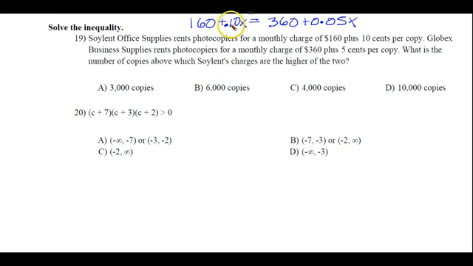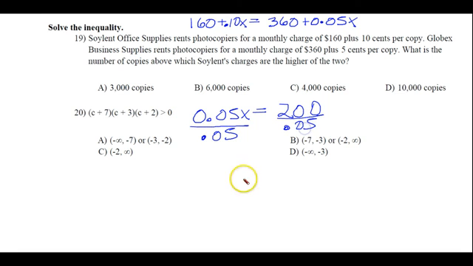Okay, so let's solve this by subtracting this from both sides. So we get over here. And we're going to subtract this from both sides, and we get 200. And now we just divide both sides by 0.05. And we get x equals 4,000.